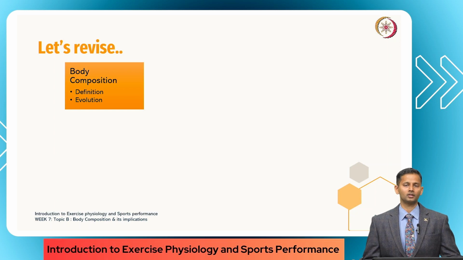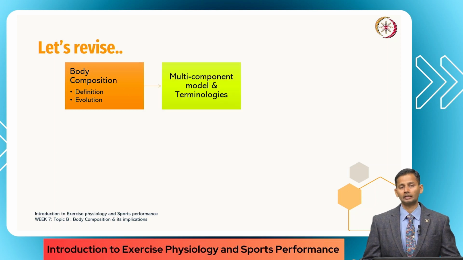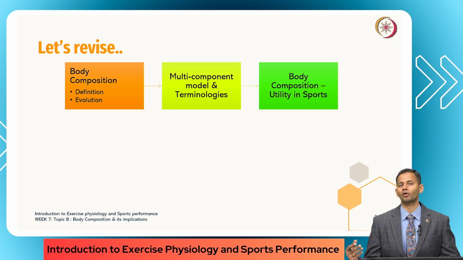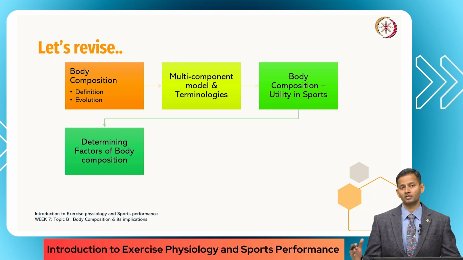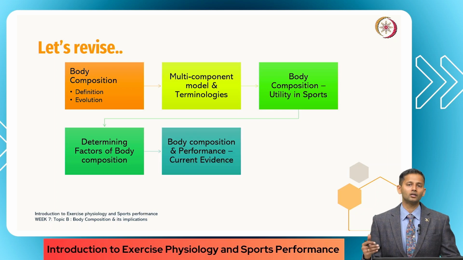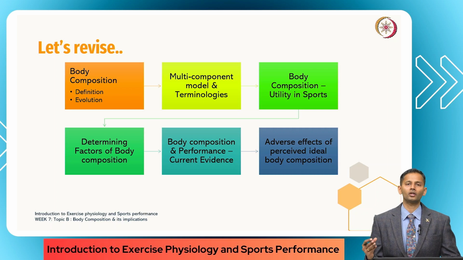Body composition, we discussed the definition, we saw the evolution of body composition, the various terminologies and various models, the different levels, level 1 to level 5, and how body composition assessment is utilized in sports, the perspective of that, and various determining factors that influence body composition assessment, and the existing current evidence relating body composition with sports performance.